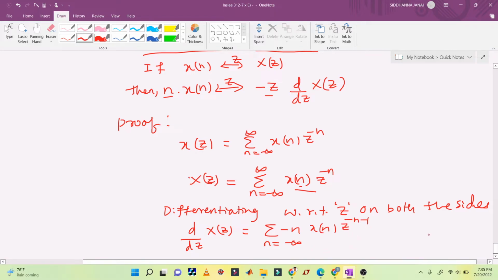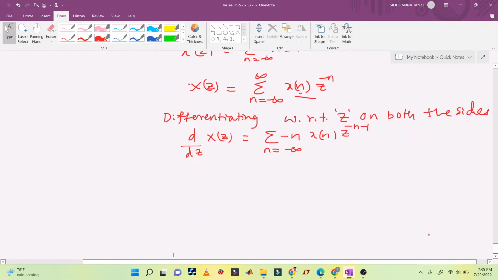This is the result we will get after differentiating the given equation. So here we will get minus n summation n is equal to minus infinity to plus infinity x of n z power minus n z power minus 1. So this is what we get.